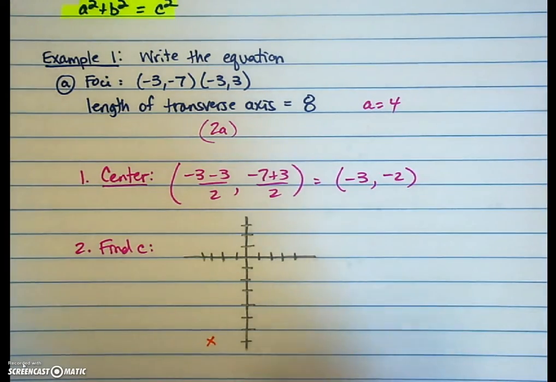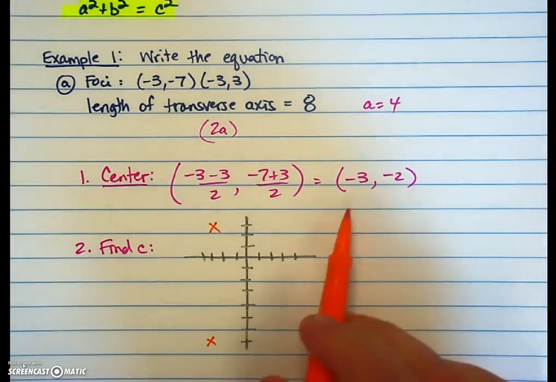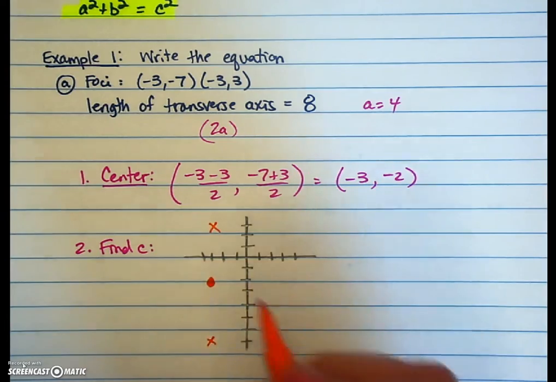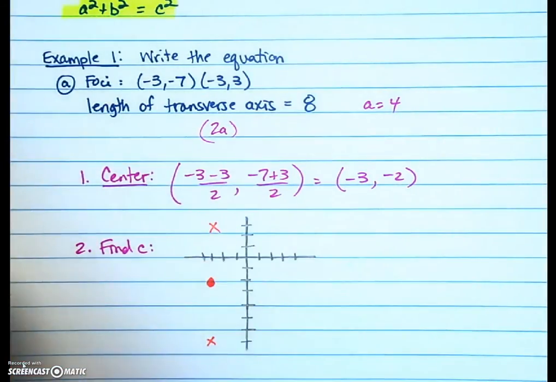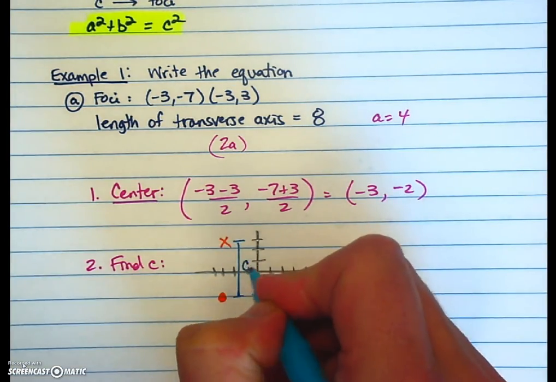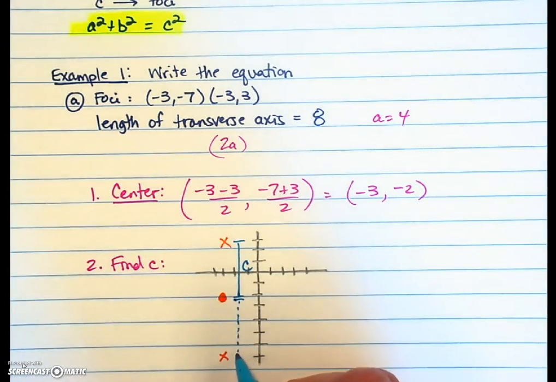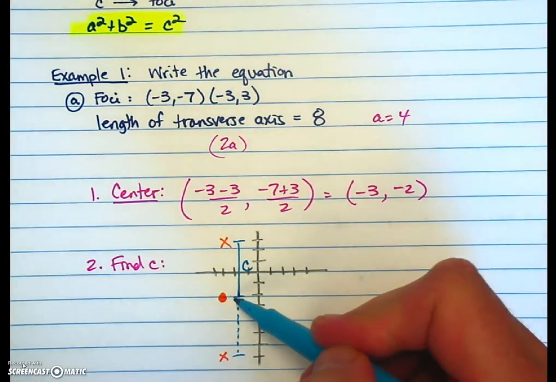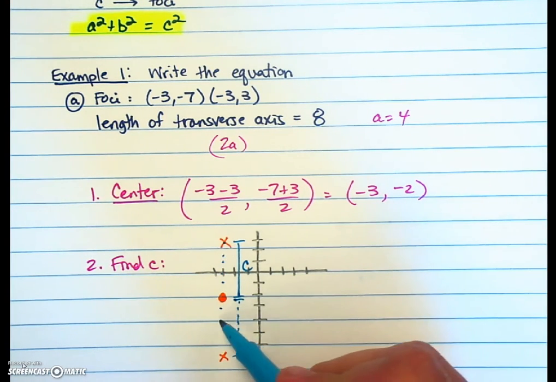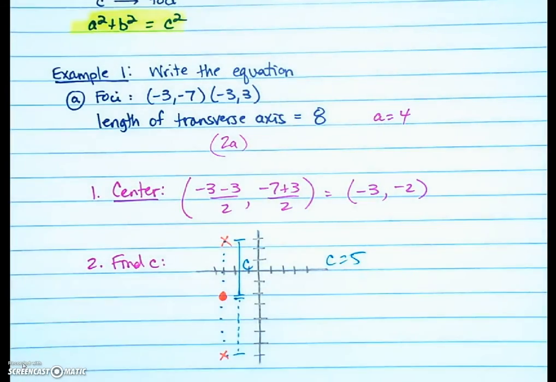That's going to be here, and -3, +3. That's going to be there, and then my center is at -3, -2. There's the center. Now, this distance here from here to here, that should be my C value, and it should be the same distance as here to here. So let's see, we go 1, 2, 3, 4, 5, 1, 2, 3, 4, 5. So it looks like that my C value is 5 here.